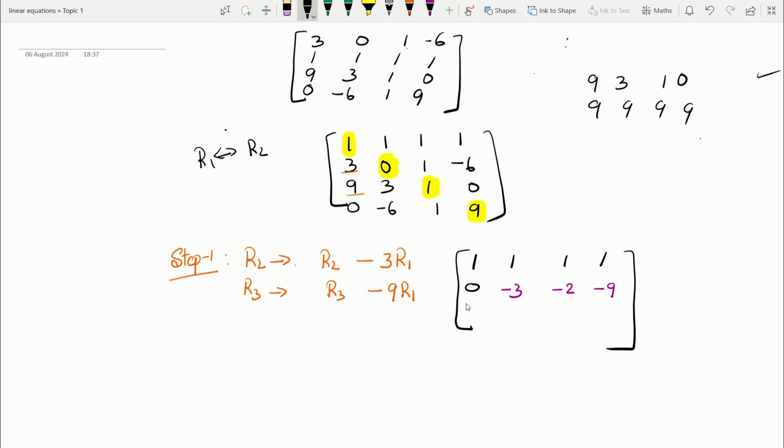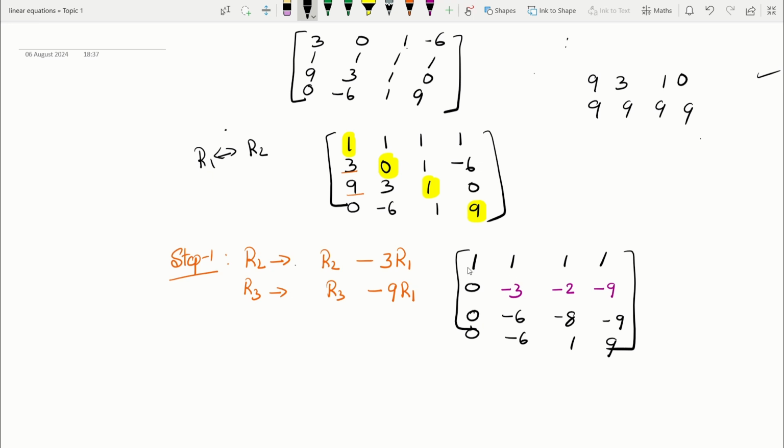Then 3, 3, 3, 3. If I subtract, 3 minus 3 is 0. 0 minus 3 is minus 3. 1 minus 3 is minus 2. Minus 6 minus 3 is minus 9. Correct, na? Please everyone do this calculation, because there is a chance of making mistakes. Generally I prefer a calculator.